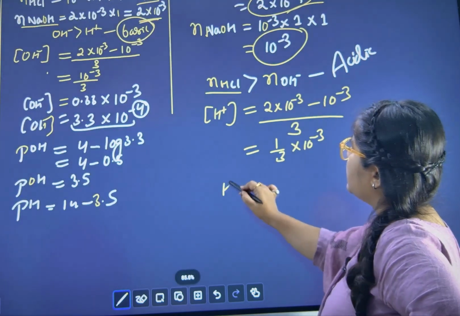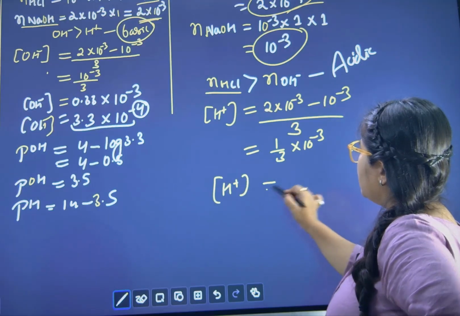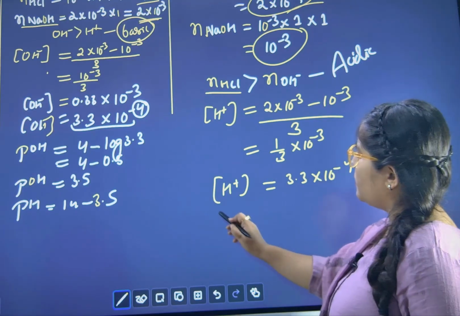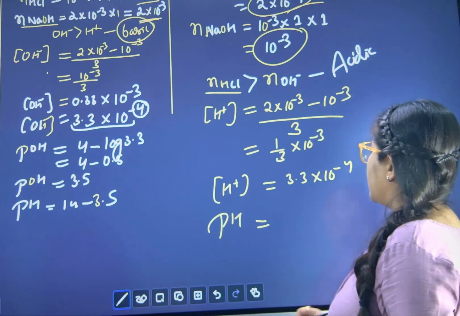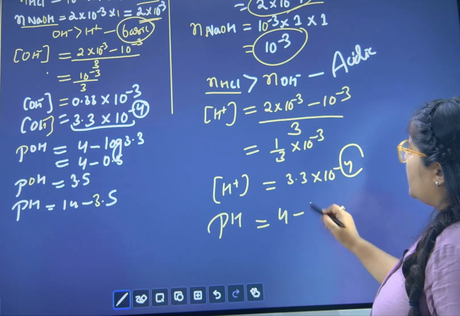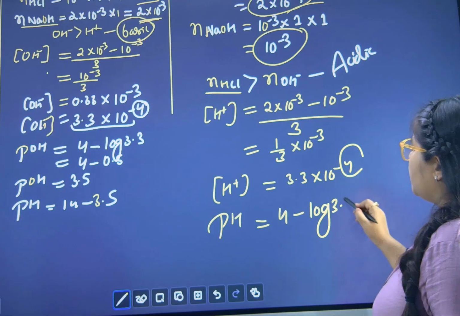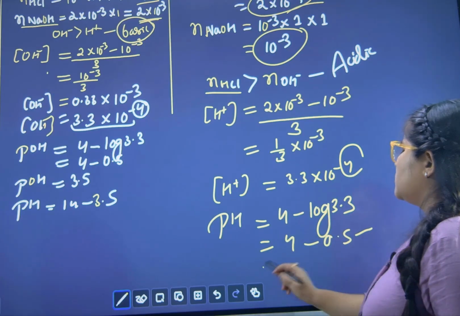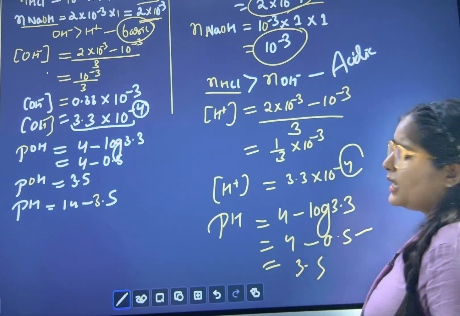So H ion is 3.3 into 10 to the power minus 4. Directly we will calculate pH because it is H ion: 4 minus log 3.3, so 4 minus 0.5 something. Approximately 3.5, less than 7.